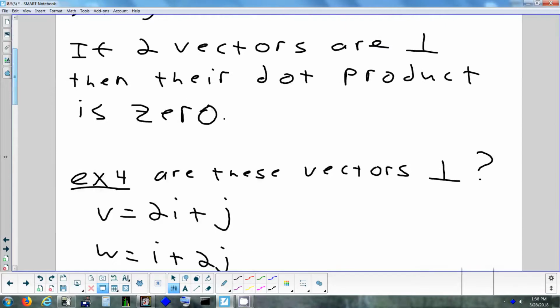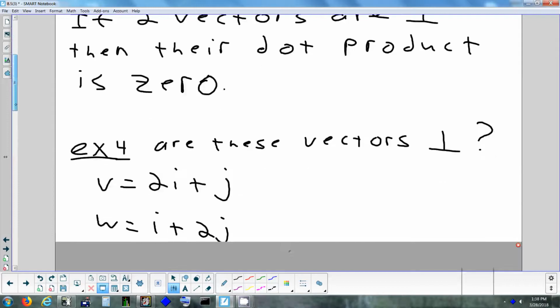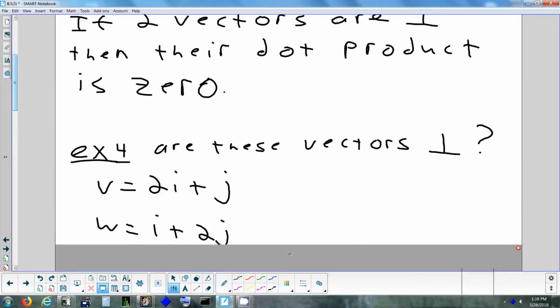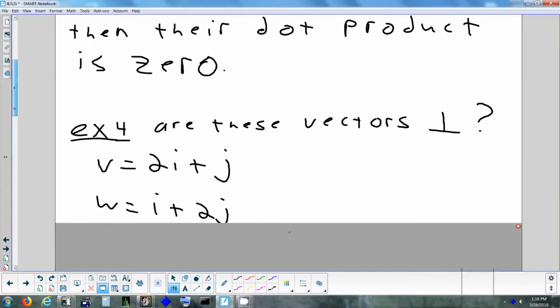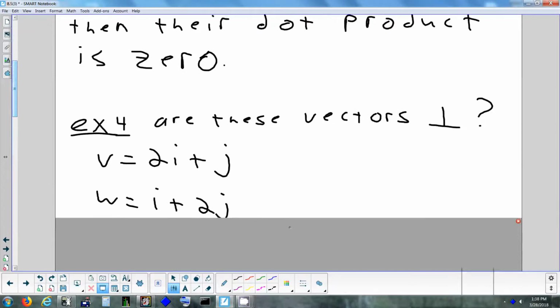Okay, so this is basically just a yes/no question. Are these vectors perpendicular? If they're not, I don't care what the angle is. All I want to know, are they perpendicular? Yes or no? All right, so Leo, what did we just say?